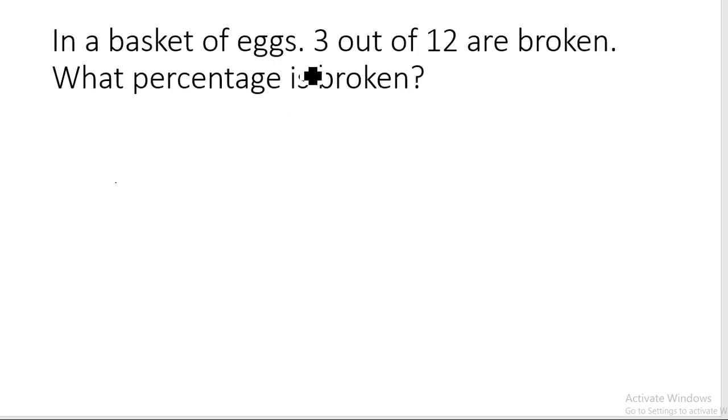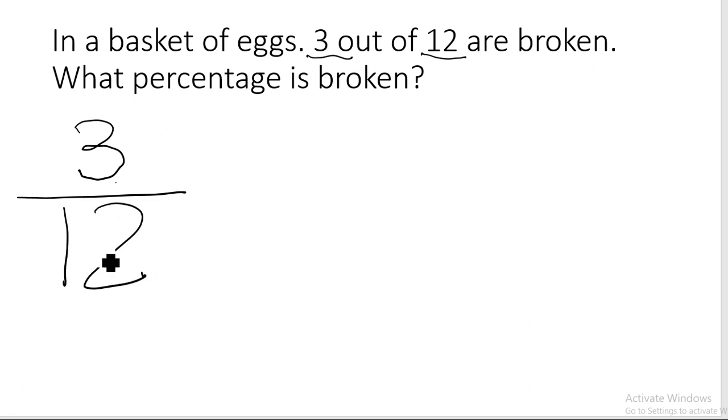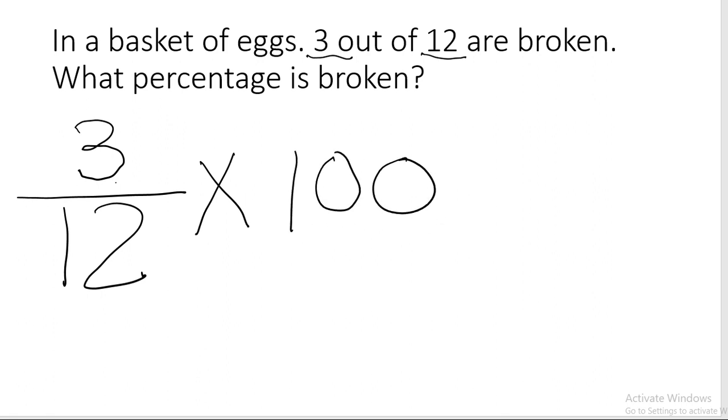Let's do one more question. In a basket of eggs, 3 out of 12 are broken. What percentage is broken? We will use the same formula, part out of whole. 3 is the part out of whole. Whole is 12. Multiply by 100. We will do cancellation. 3 ones are 3, 3 fours are 12. Now we will see if we can cancel 4 and 100.